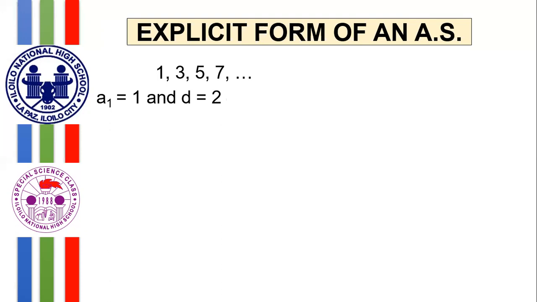For the explicit form of an arithmetic sequence, we will rely on the value of our first term and count how many times we added the common difference to reach the indicated term. For example, if I have a sub 2, which is 3 here, from the first term 1, how many times did we add 2?